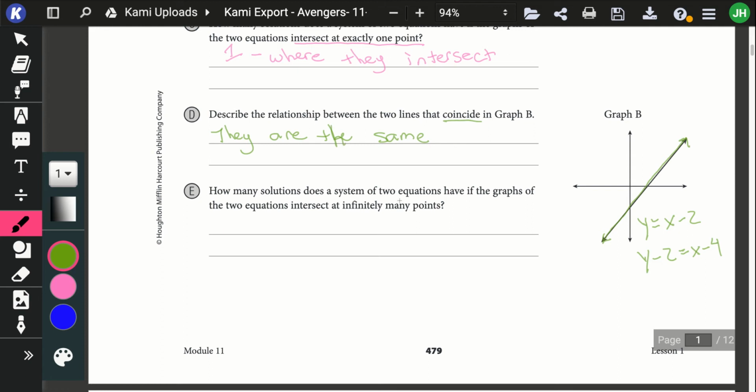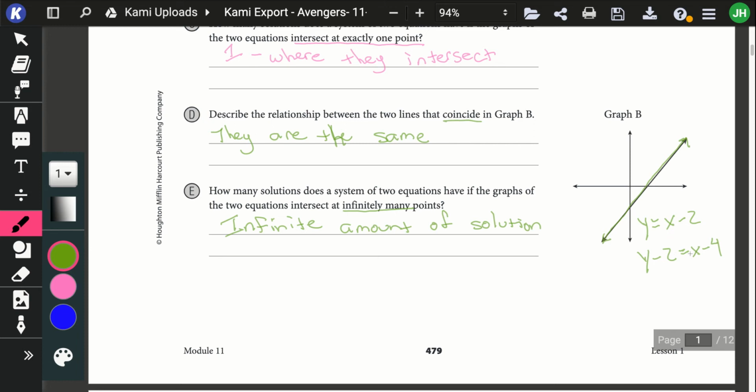How many solutions does a system have if the graphs of the two lines intersect at infinitely many points? How many spots on these two lines, which are the same, have the same x and y? That would be an infinite number, an infinite amount of solutions. Two lines that have the same slope.